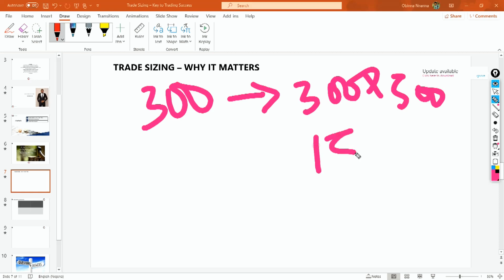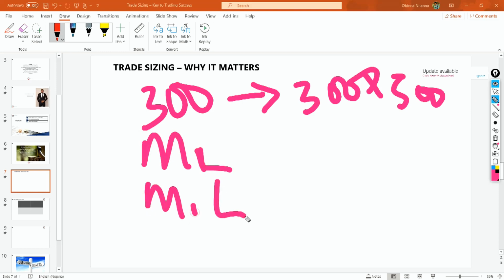So it's almost as if you could control this amount of equity. Now, for every trade, there are 3 major types of lots, like I'm sure you know: the micro lot, the mini lot, and the standard lot. On the micro lot, each trade, you control about 1,000 units of the currency pair.